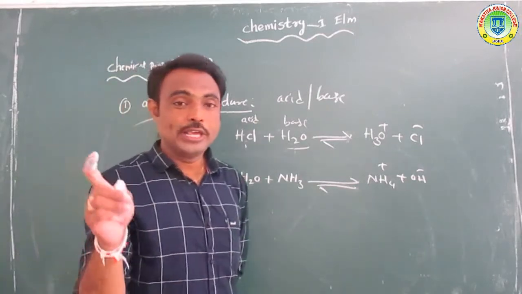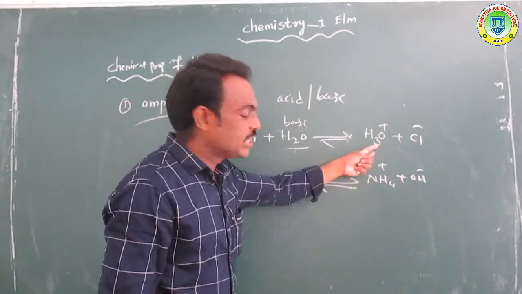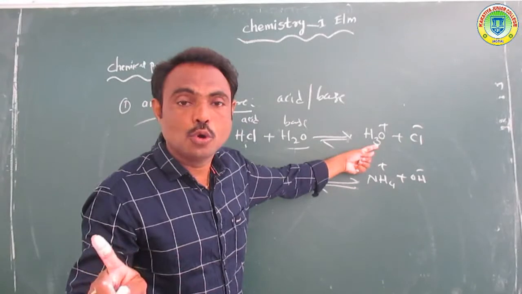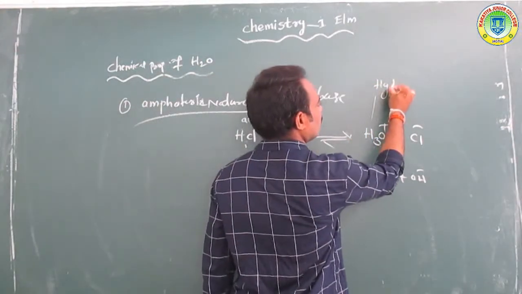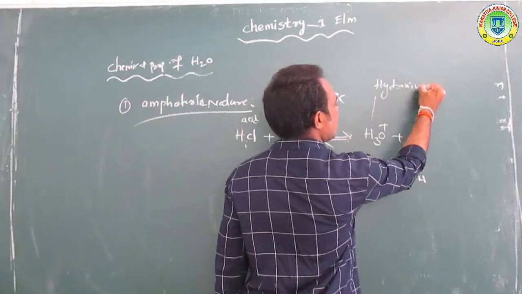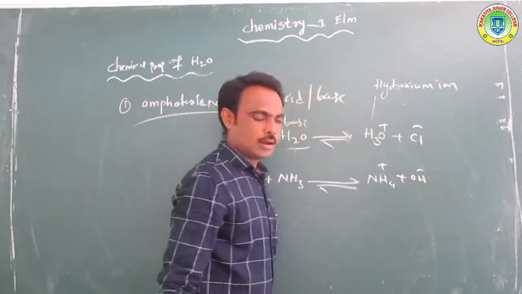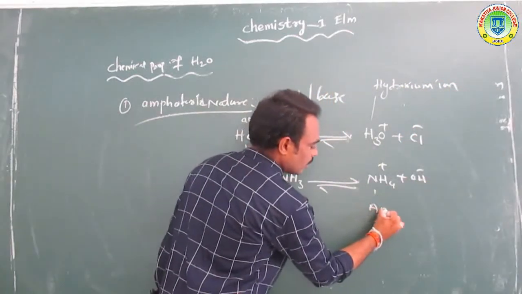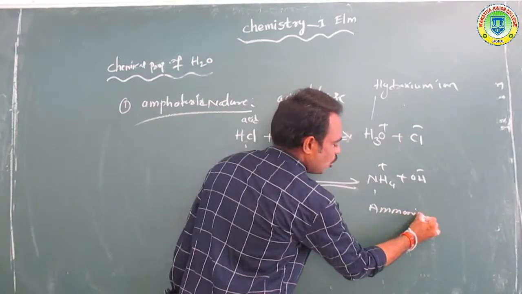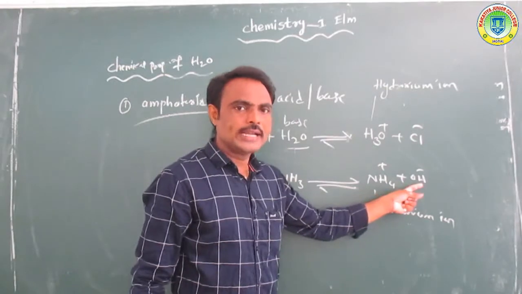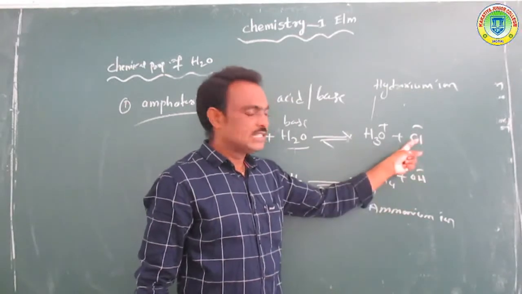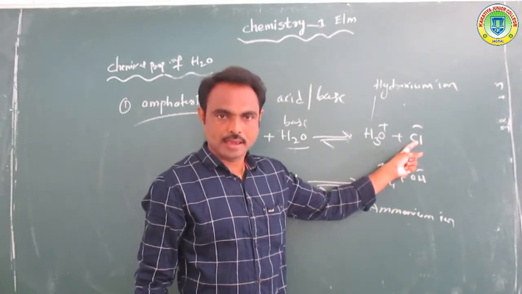H3O plus means hydronium ion. Here OH minus is the hydroxide ion, and Cl minus means chloride ion.